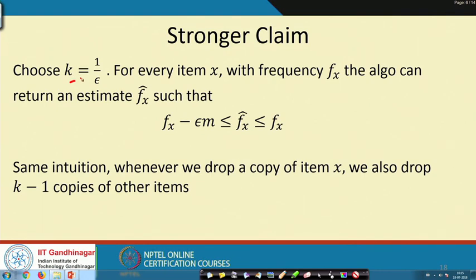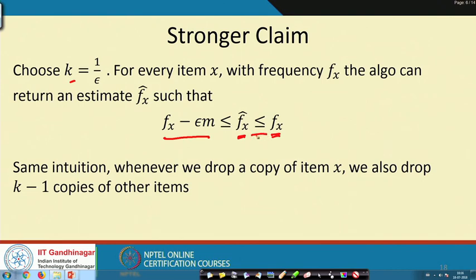Suppose f x is the frequency of the item x and f hat x is the frequency estimate. Remember that f hat x is either the counter value that you have in the end or it is 0. So what we claim is that f hat x is less than or equal to f x, and f hat x is greater than or equal to f x minus epsilon m.